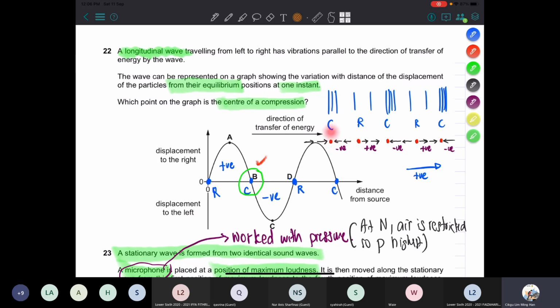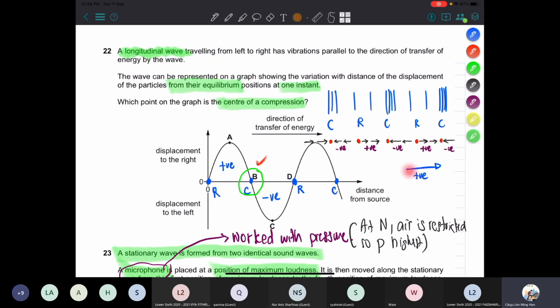So let's focus on C. Because C is a compression, all the particles next to the point C will be moving towards point C. Yeah, they are coming toward point C. A rarefaction, the particle is moving away because rarefaction is being stretched. So it will be moving away from particle R. So if you have a point C, all the particles, jiran itu, will be moving towards C. Kalau point R, all the particles moving away from R.